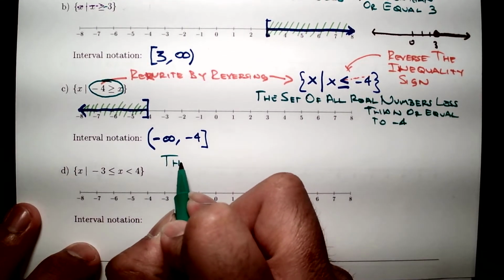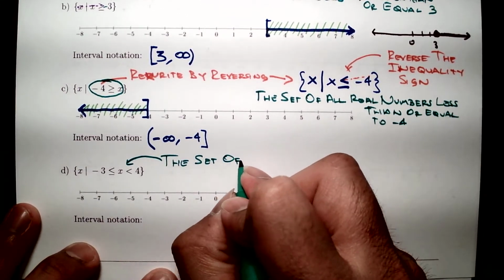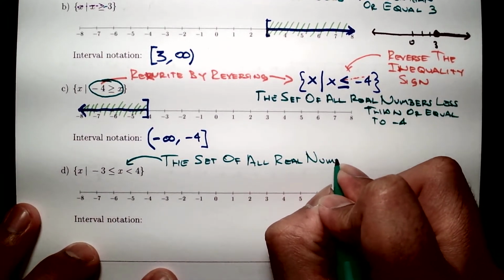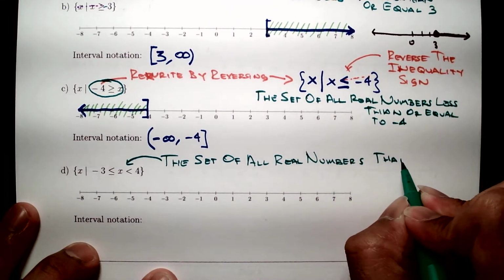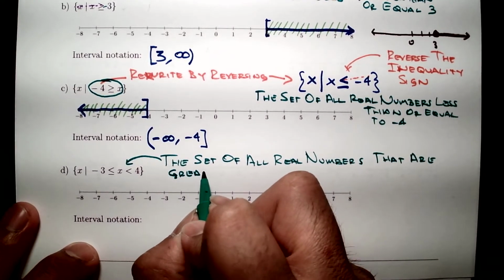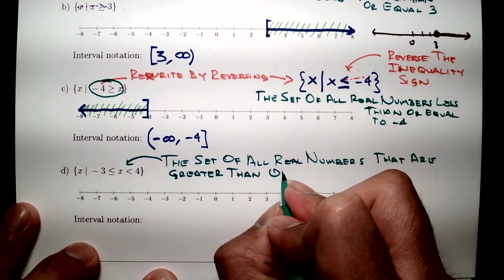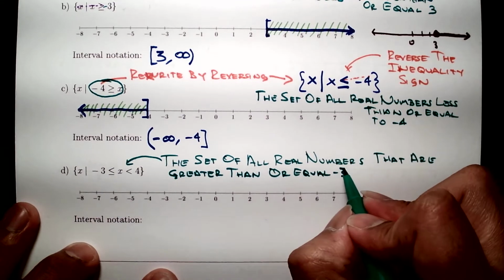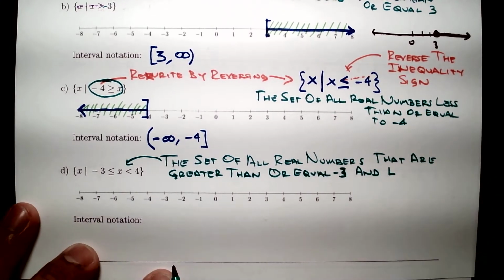So this is the set of all real numbers that are greater than or equal to -3 and strictly less than 4.